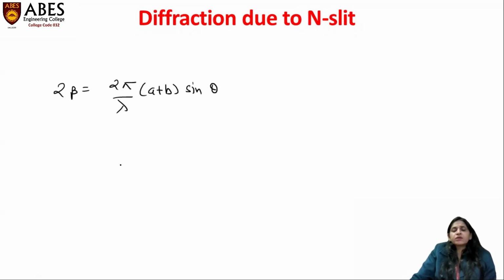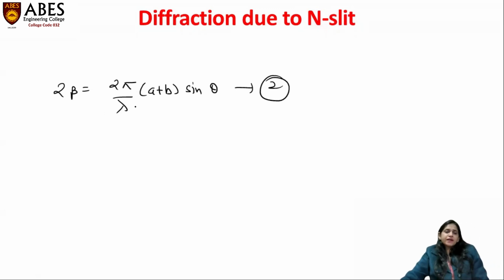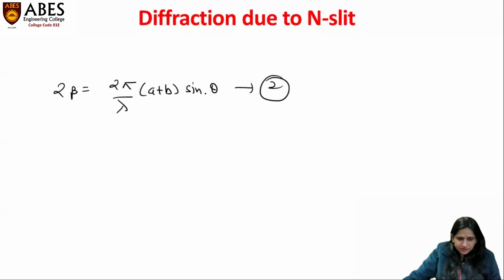This is equation number 2. From here, we get the value of beta as pi by lambda times (a plus b) sine theta. So this is the corresponding phase difference that we are getting.